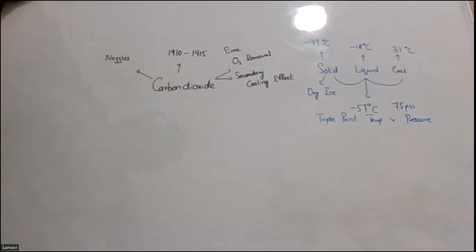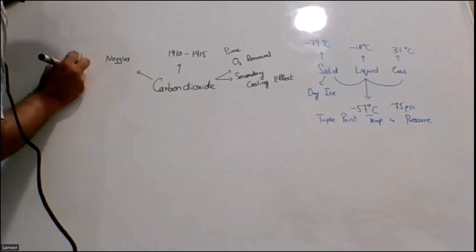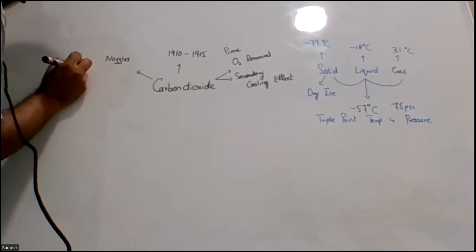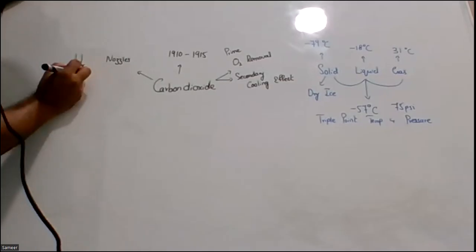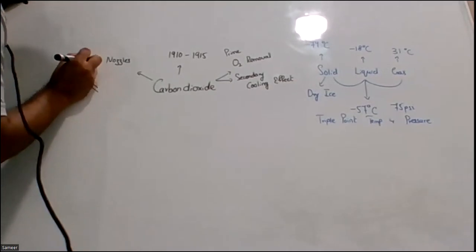Whenever it is discharged from nozzles, what happens? It has the capability of carrying static charges on the metal part of the nozzle. Usually whenever the carbon dioxide discharges at a very high pressure in a standpipe system, the static charges tend to accumulate here.